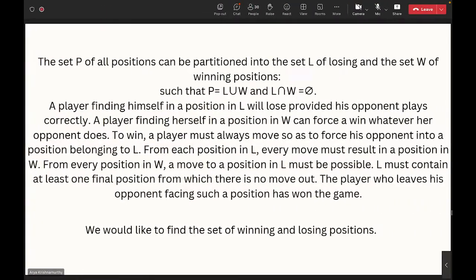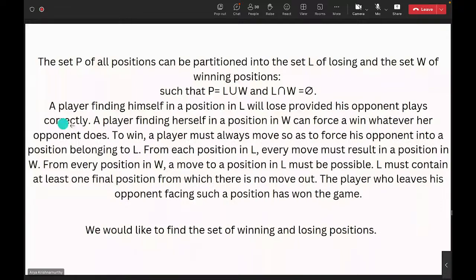Here you can see that a person can either win or lose in such games, and no person can both win and lose at the same time. So the set of all positions is L union W, and L intersection W is the null set. A player finding himself in a position in L will lose, provided his opponent plays correctly.